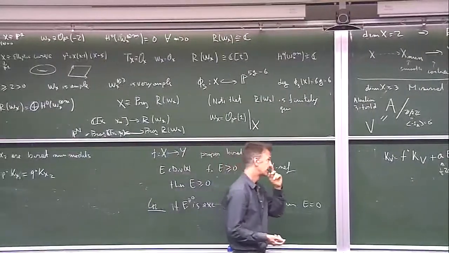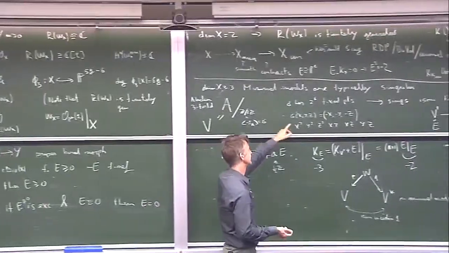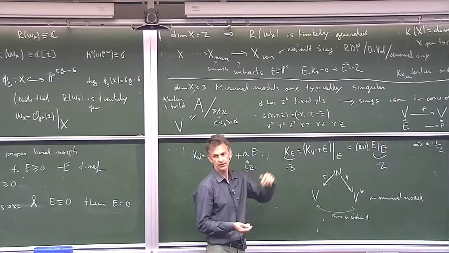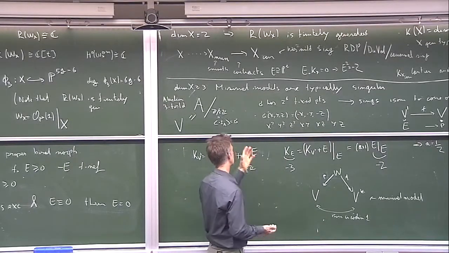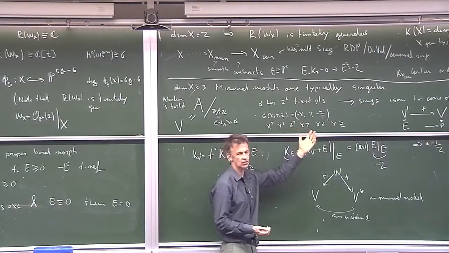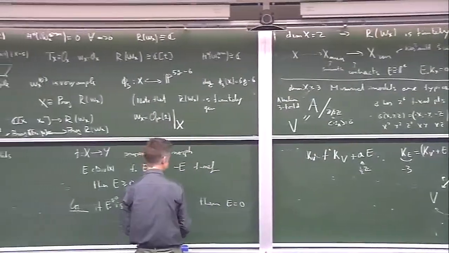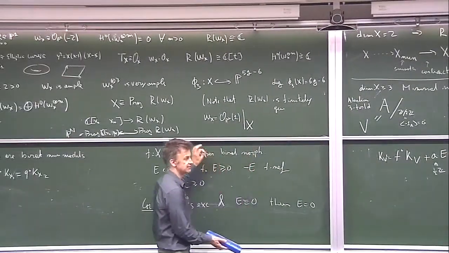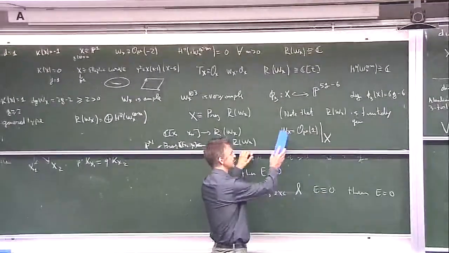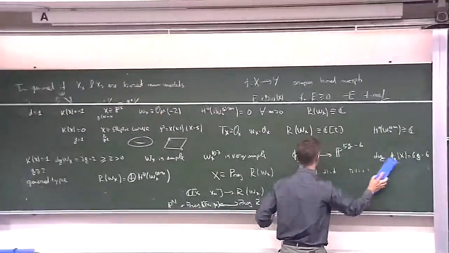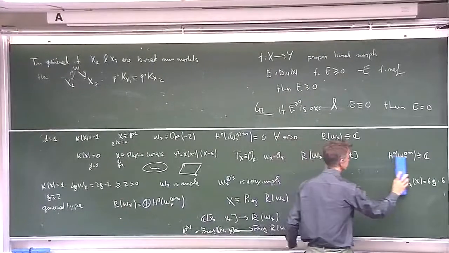Now, this is not a very scary singularity, right? It's a quotient by an involution. And the canonical class is not Cartier, but twice the canonical class is Cartier. As singularities go, it's not scary. It's a rational singularity. It has many nice properties. And in fact, this is going to be true for all singularities that we encounter.